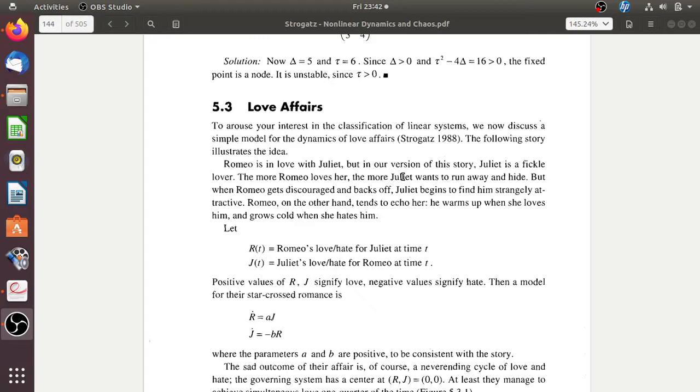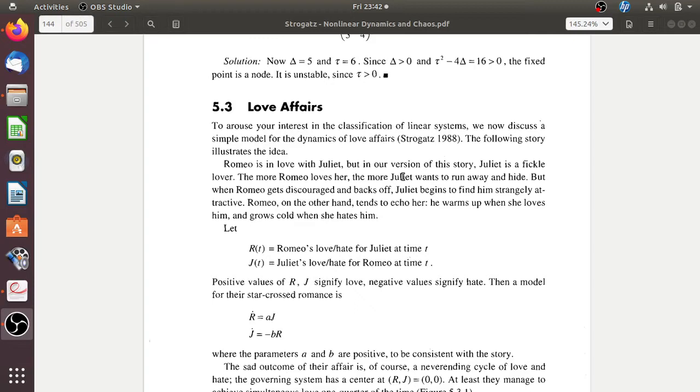How about Romeo? Romeo's character is like, whenever Juliet loves him very much, then Romeo also loves her very much.